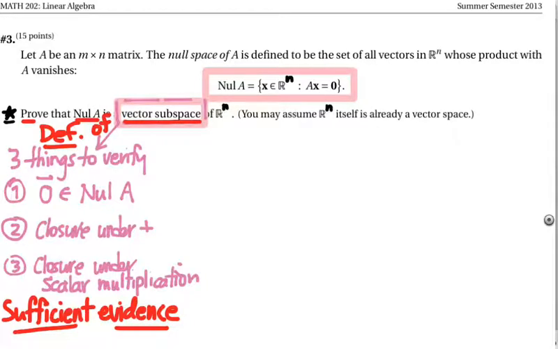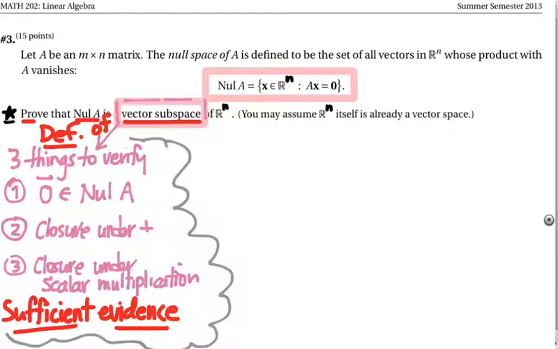If we can verify that these three things hold, not just for a single vector, but for all vectors x belonging to the null space of A, then we'll have proven that the null space of A is a vector subspace of Rn.